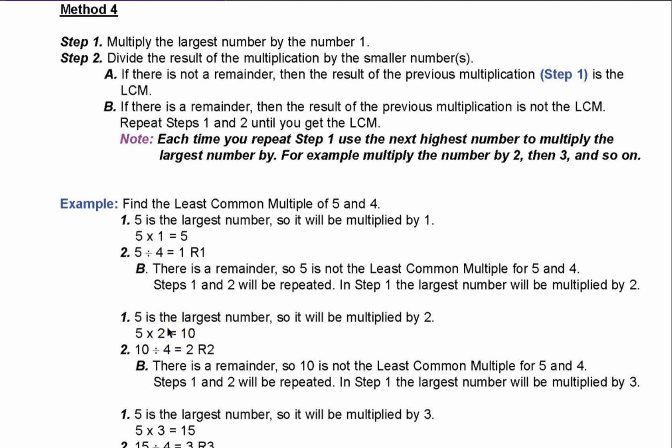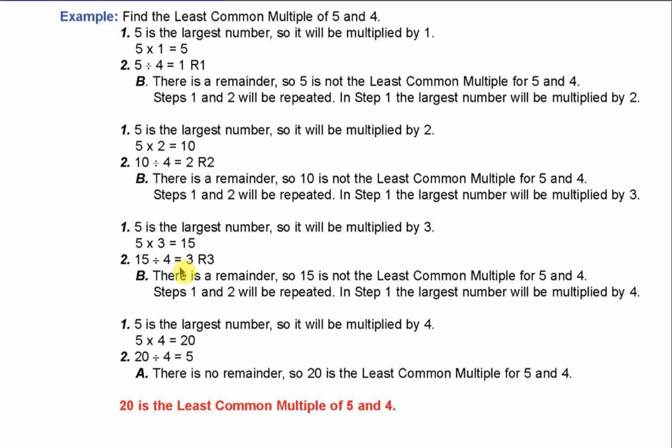Again, 5 is the larger number of the numbers 5 and 4.